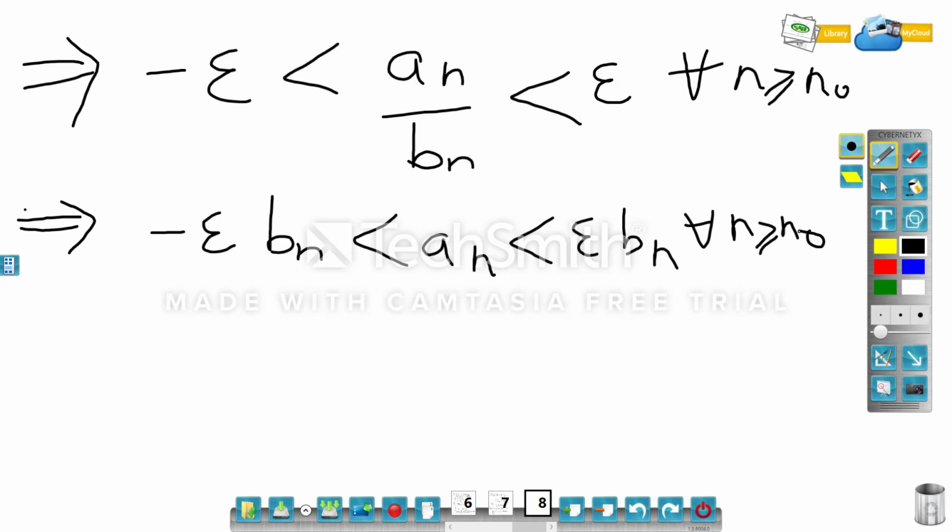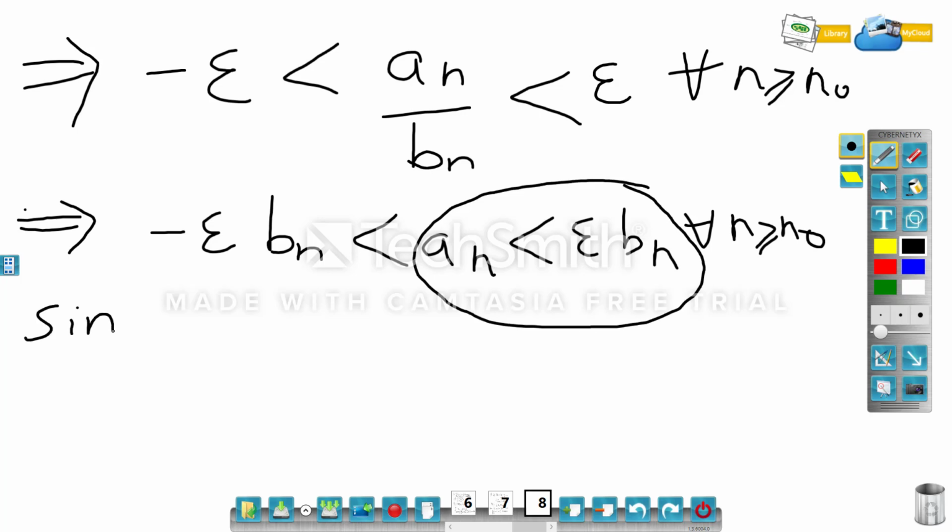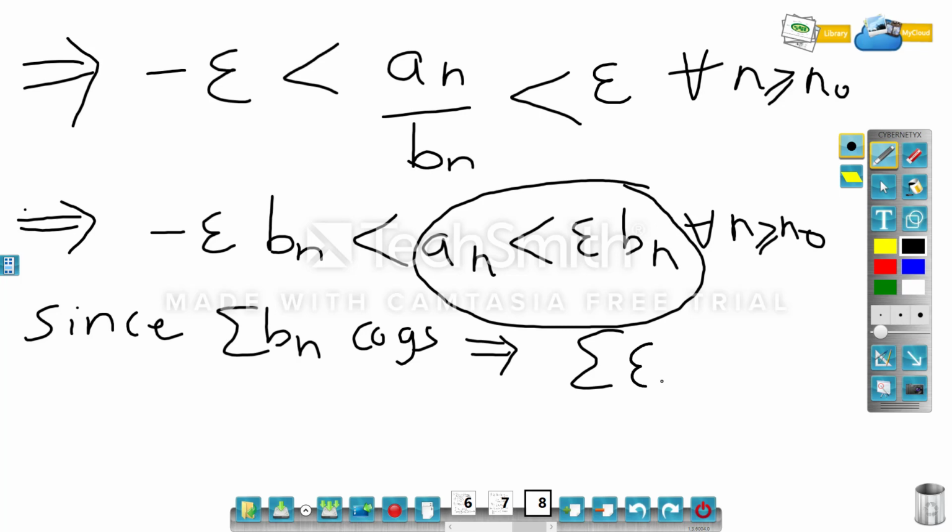Now, since series Bn is convergent, that would imply series epsilon times Bn also converges because of the algebra of sequences. And if this series is convergent, by comparison test we say that series An is also convergent.